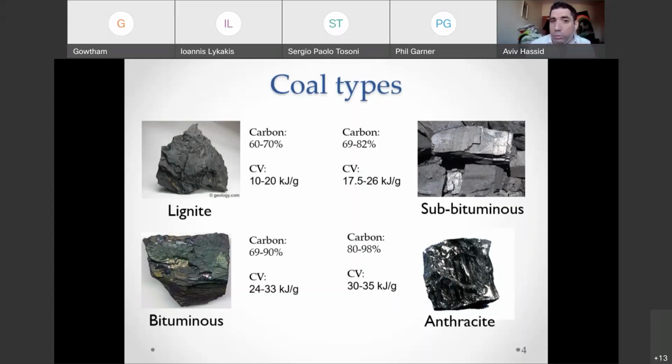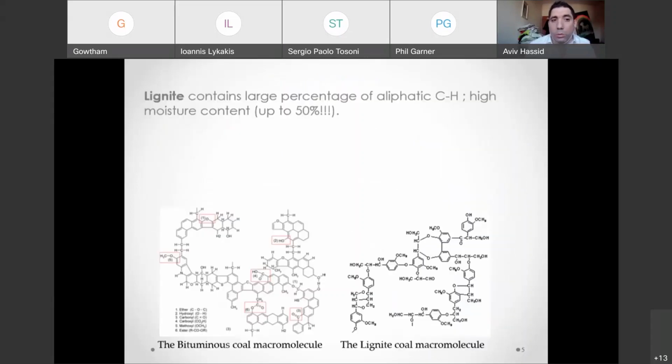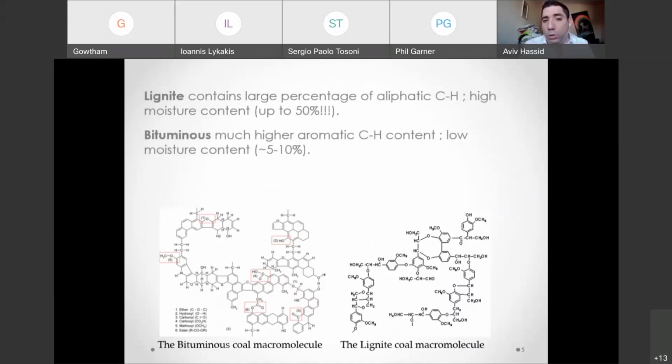But they also differ in that the lignite contains a high percent of aliphatic groups and high moisture content, whereas the bituminous coal contains higher aromatic content and low moisture, and the anthracite contains only aromatic carbons and close to no moisture.